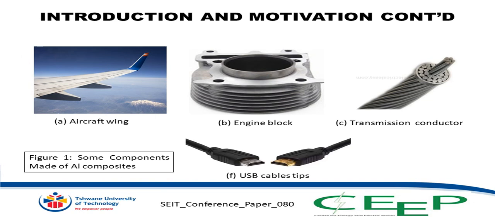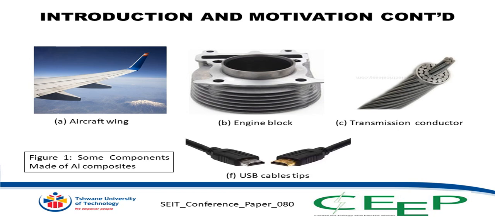Let's take a brief look at materials produced with aluminium composites. A. Aluminium aircraft wing. B. Engine blocks. C. Transmission conductor. D. Cable tapes.